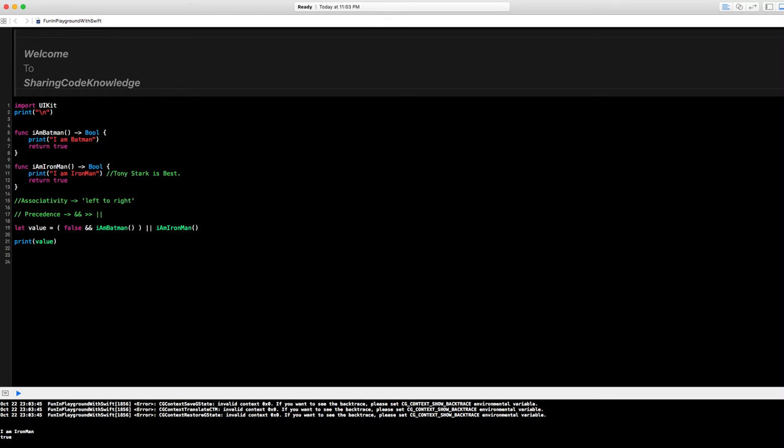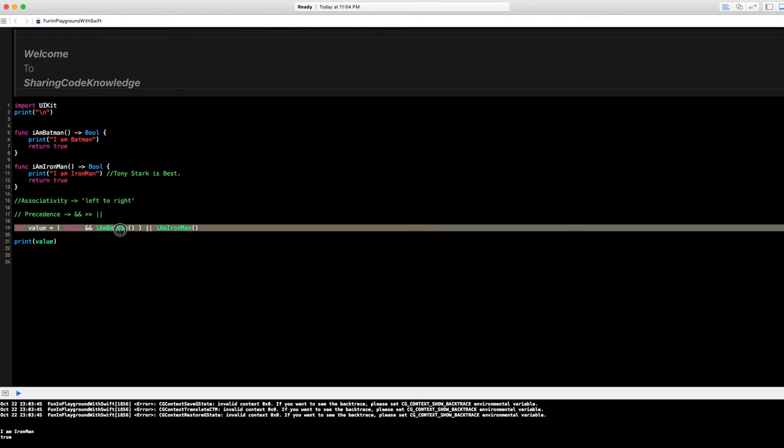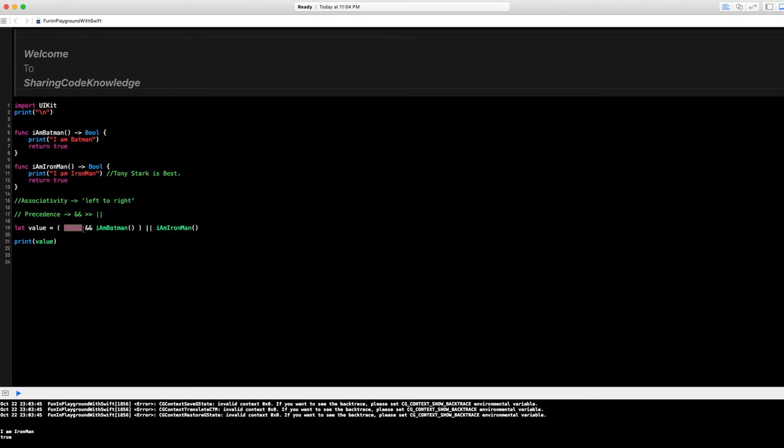As your AND operator will find this statement false on the left side, it will not execute I'm Batman, because this is false. The AND operator is smart enough to check that whatever the value of this expression is going to be, the overall result will be false, so it will never execute this thing. So this whole thing will become false.